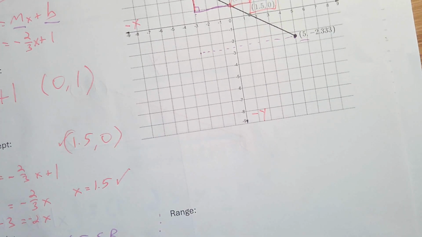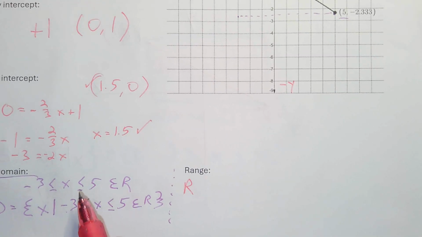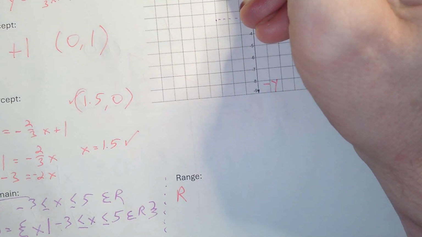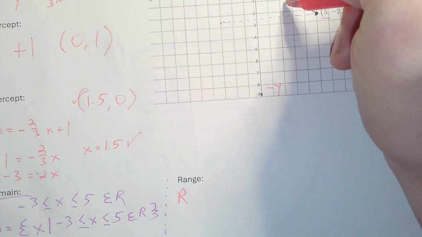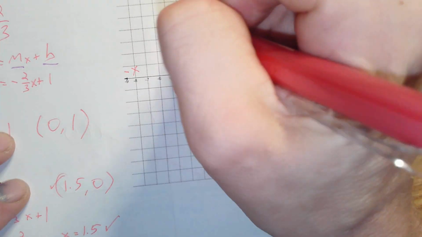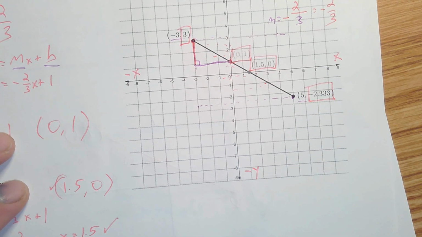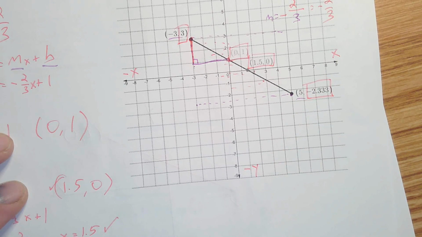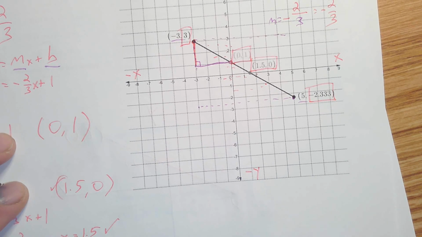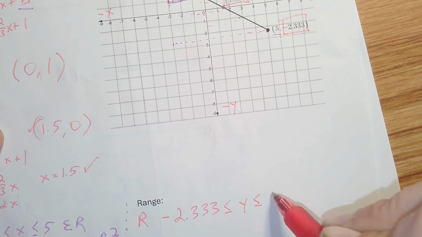The range is the possible output for an input of our domain. That's going to be any value of y that could get spit out from an input of our domain. So it's our y values. Our minimum y value is negative 2.333, and then our maximum is 3.